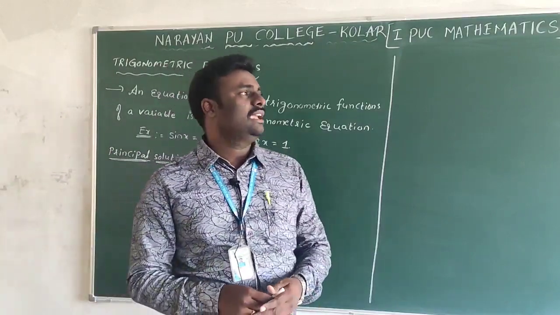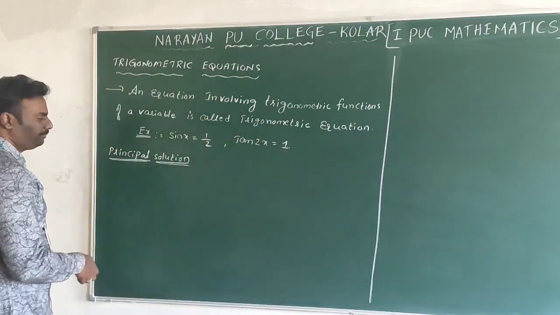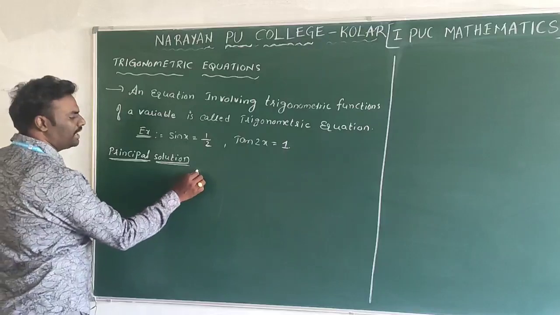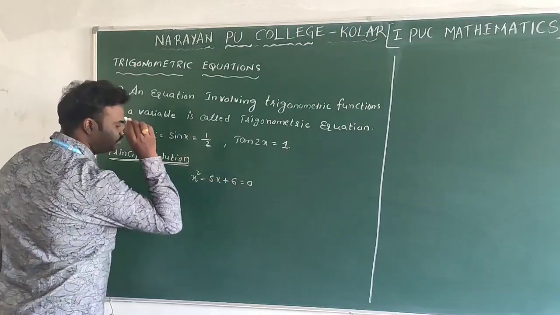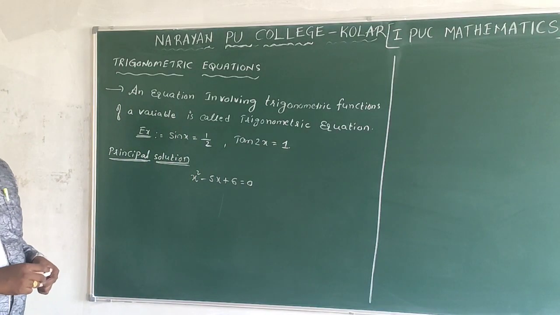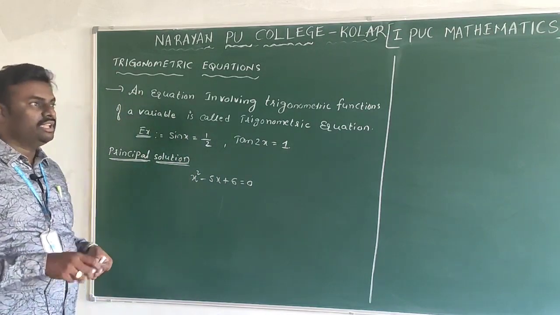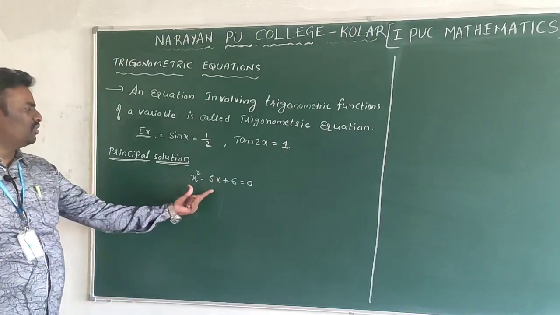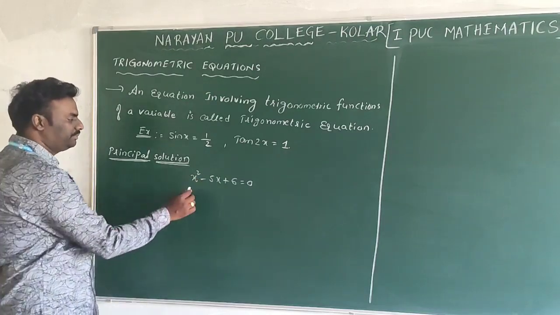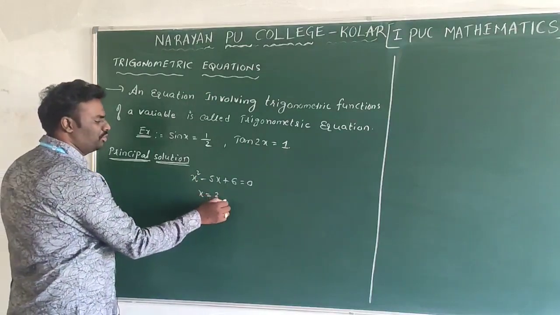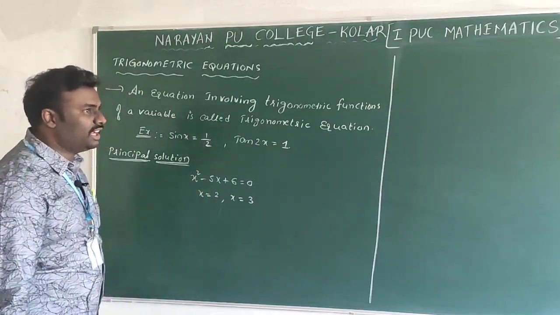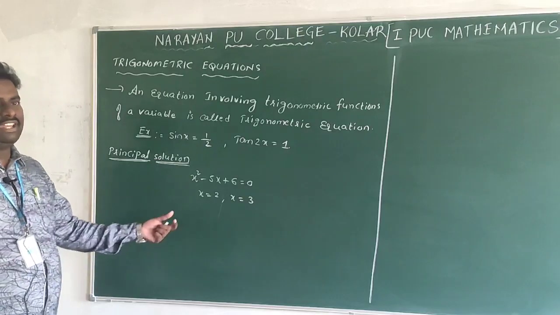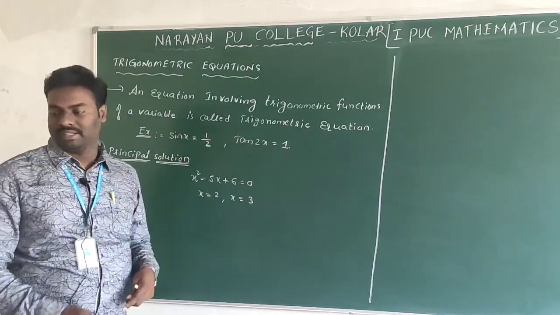Generally, if you take the quadratic equation x square minus 5x plus 6 equals 0, if you factorize this equation we will get two roots, x is equal to 2, x is equal to 3. So these are the solutions of the given quadratic equation.